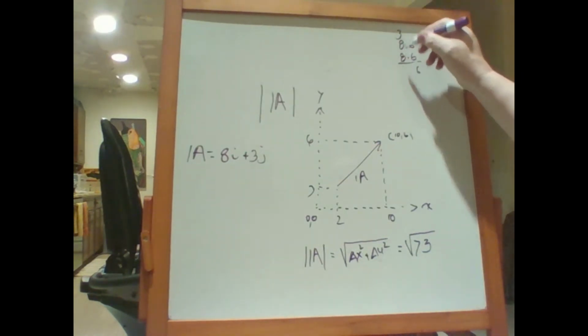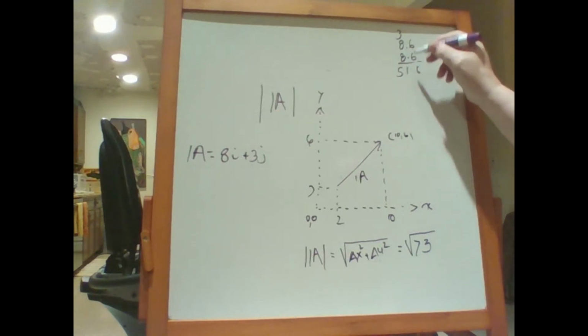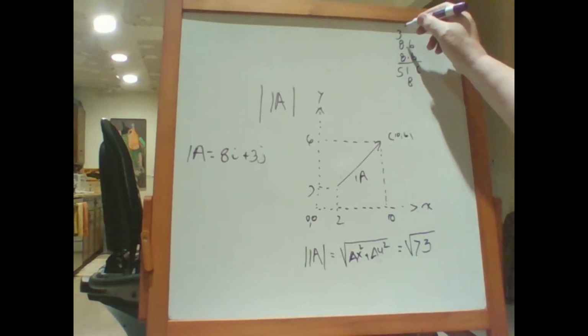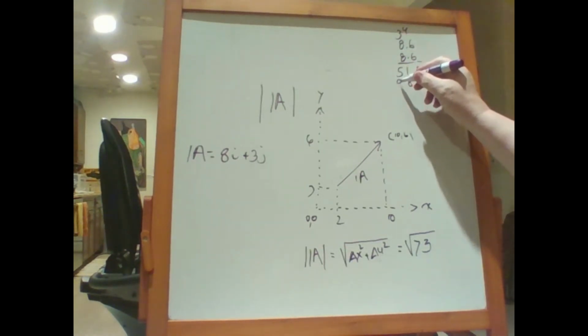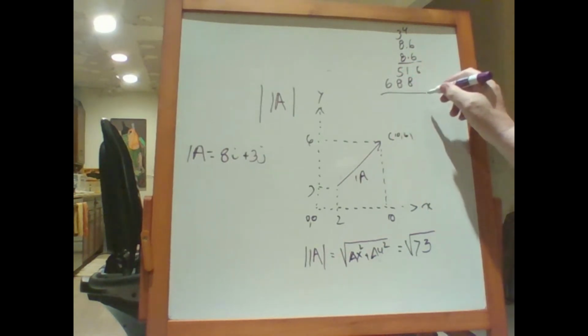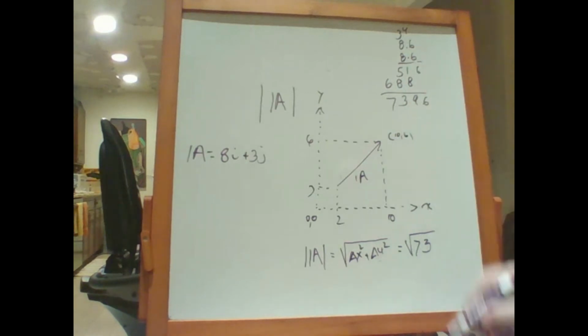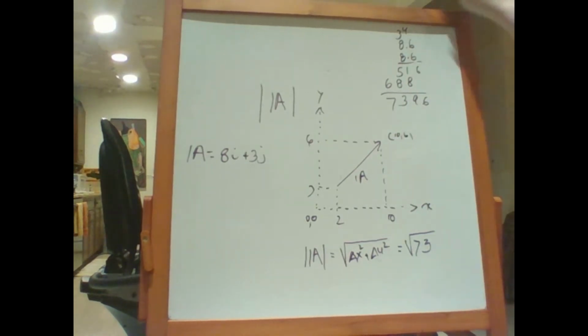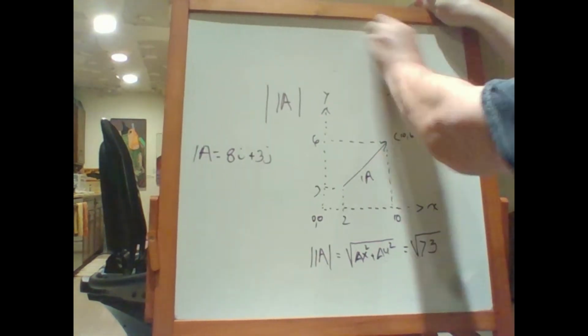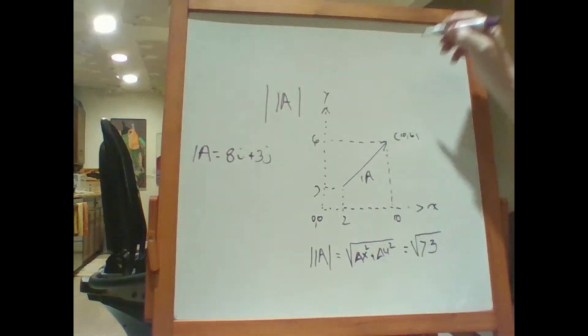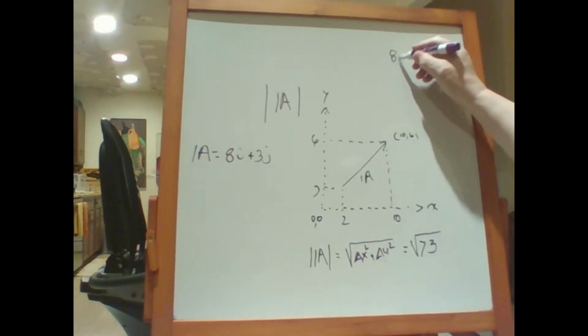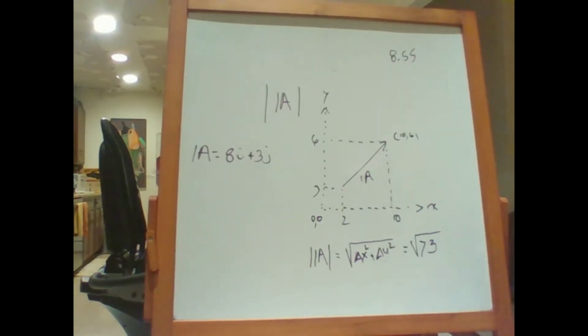8.6 times 8.6 gives us 73.9, so it's 8.5 something, let's say 8.55. We can make a guess, that's approximately 8.55.